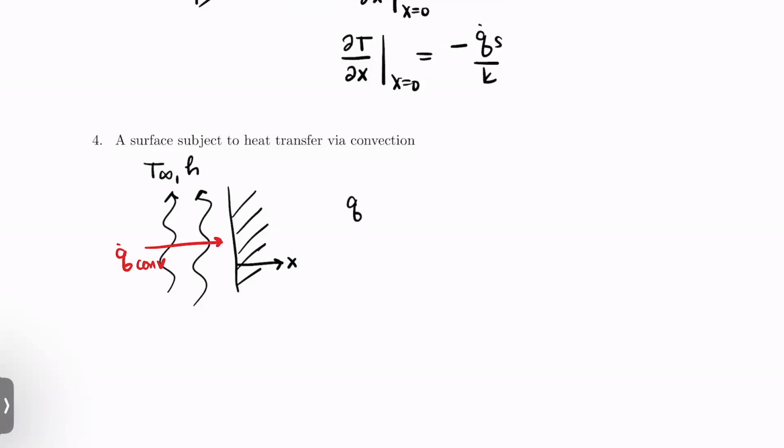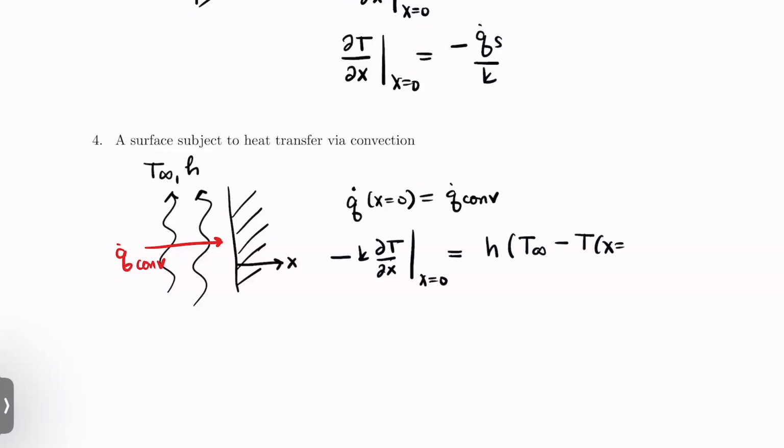So we would say q dot at x equals 0 for the conduction is equal to q dot convection outside of our body. So we have minus k partial T partial x at the surface, right? That stays the same, but now our right-hand side is h times T infinity minus T at x equals 0.